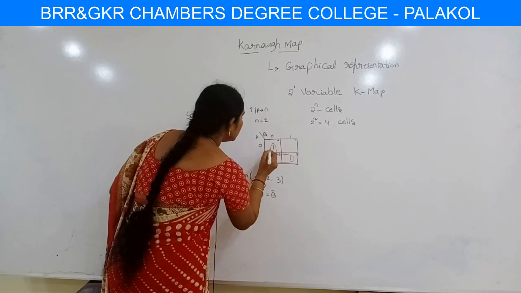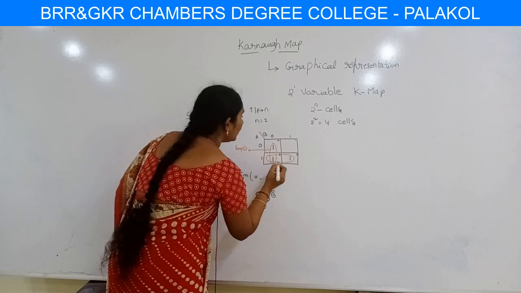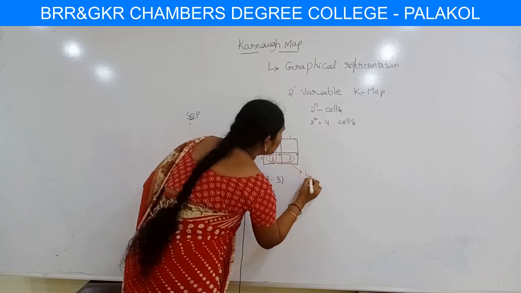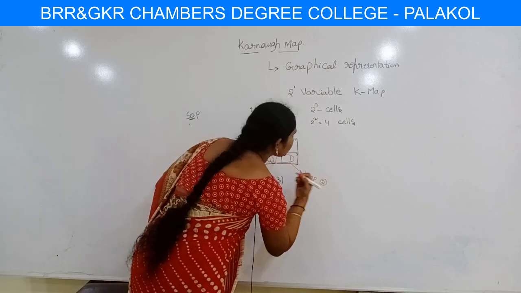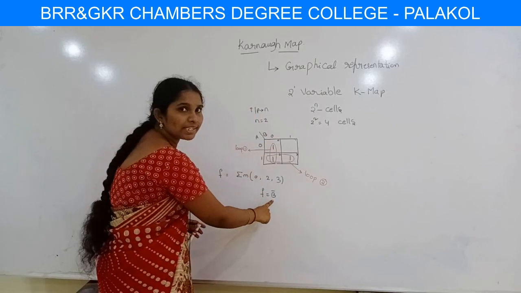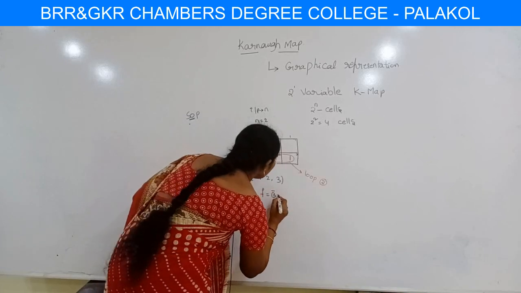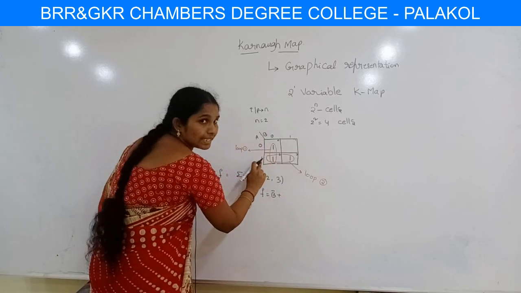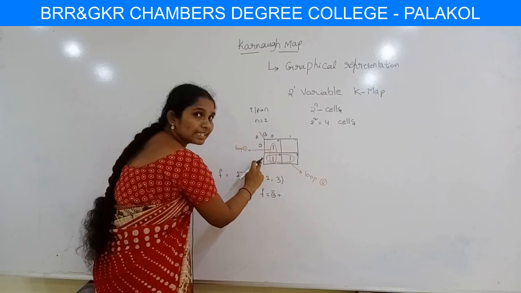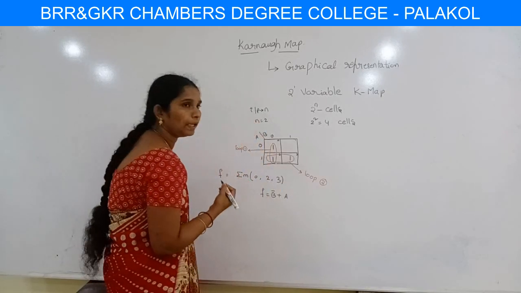So here this is loop number 1, and this is loop number 2. For loop number 1 the expression is b bar. For loop number 2, this one is not variable, so we consider it: a is nothing but 1, so a.